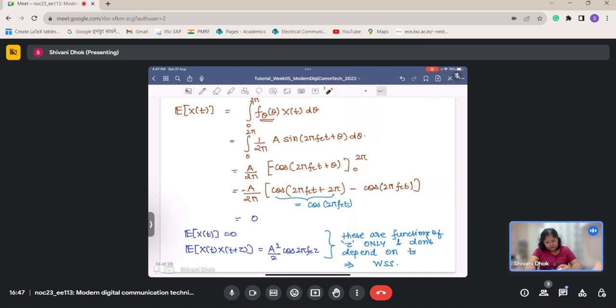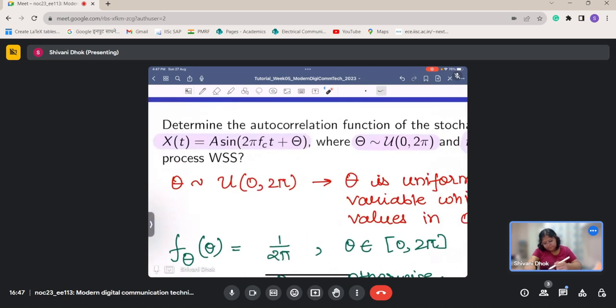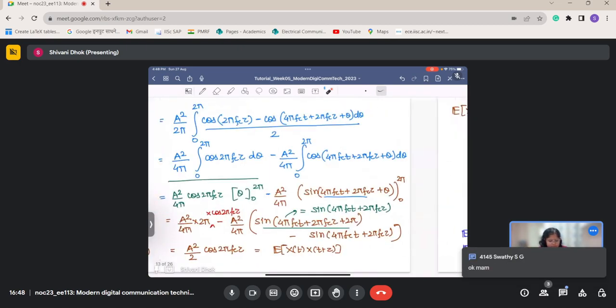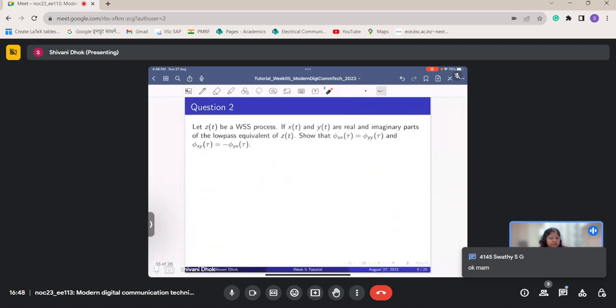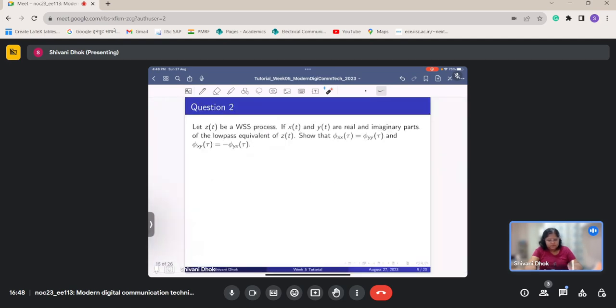Like if you observe here, x of t is a function of time, and theta is uniformly distributed from 0 to 2 pi. So for every time instant there will be one realization of this theta, so it will be a random quantity. Is it clear? Just look at a probability course or a random processes course, you will get a better idea of what it is.